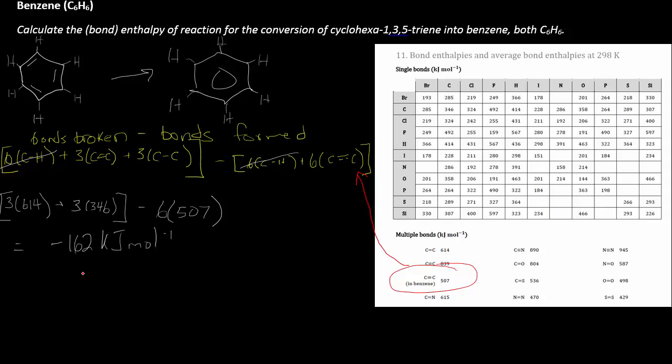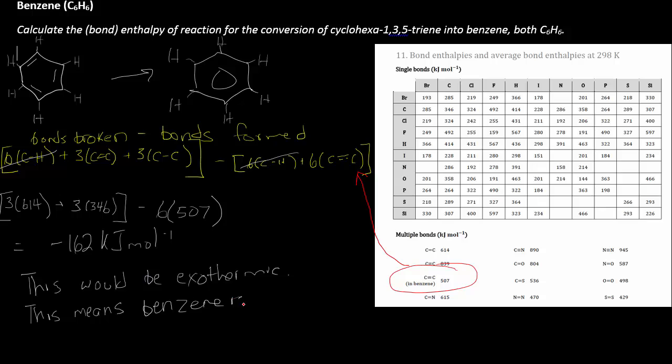This implies that the benzene form of this molecule is the more stable one. So if we were to draw this as an enthalpy level diagram, we would show cyclohexa-1,3,5-triene as a reactant and benzene as a product at a slightly lower level on your y-axis, which would be your enthalpy axis.